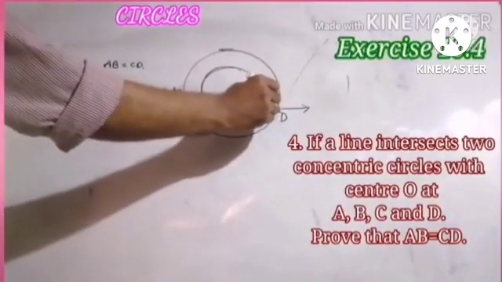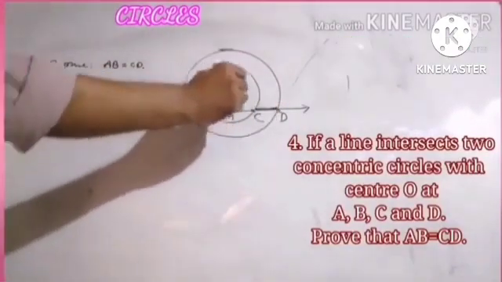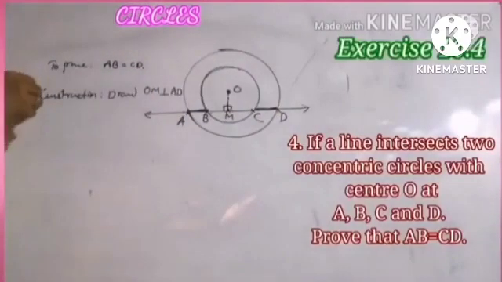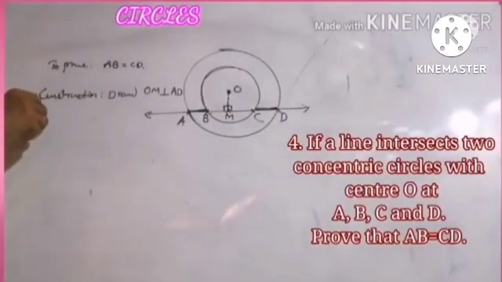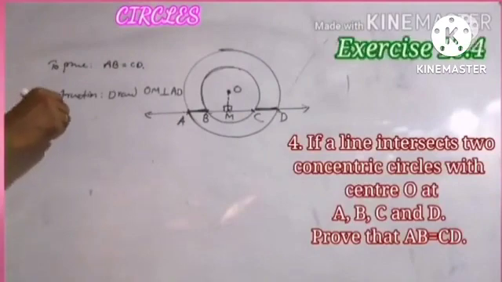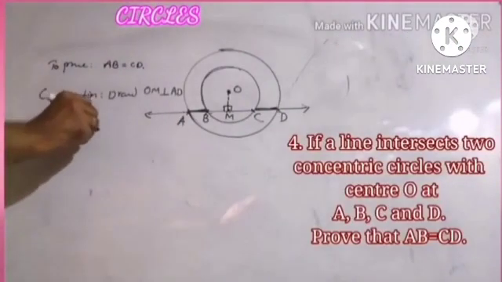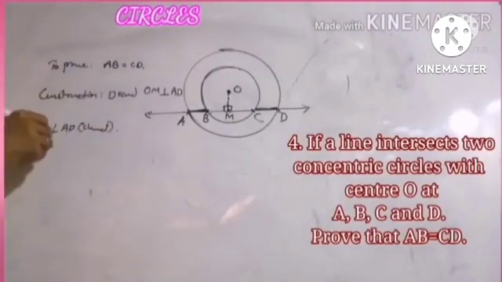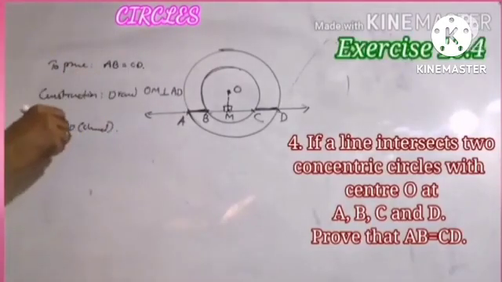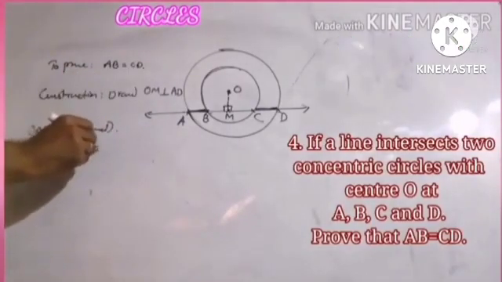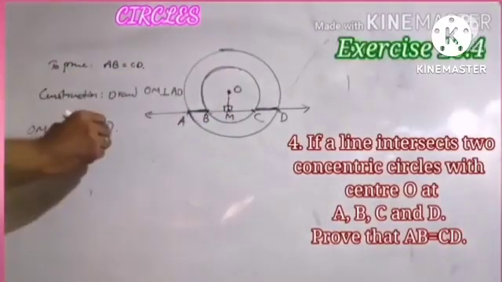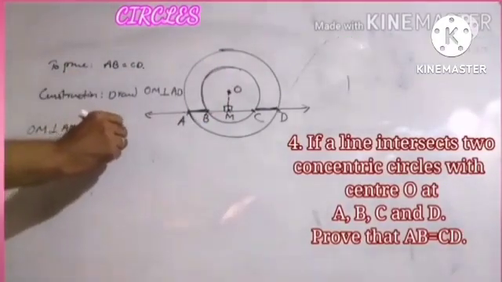Using chord AD, what is OM? Perpendicular to AD. OM perpendicular to AD, AD is a chord, which implies AM equal to DM.